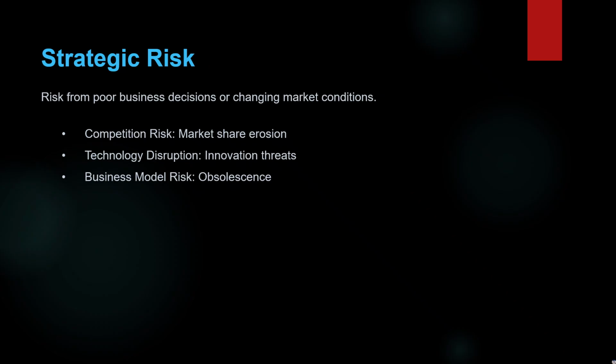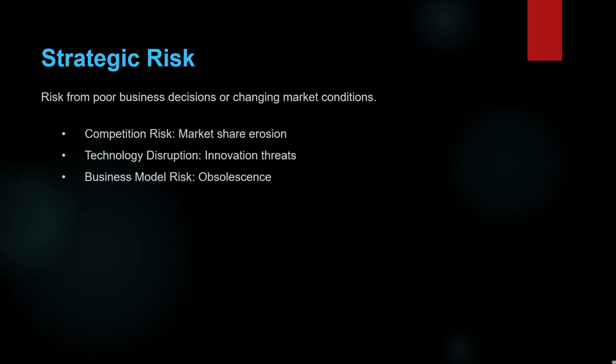If you don't adapt, you'll lose customers and revenue. Think about how digital-only banks like Revolut or N26 have captured younger customers who find traditional banking cumbersome. If established banks don't respond effectively, they face strategic risks of obsolescence.